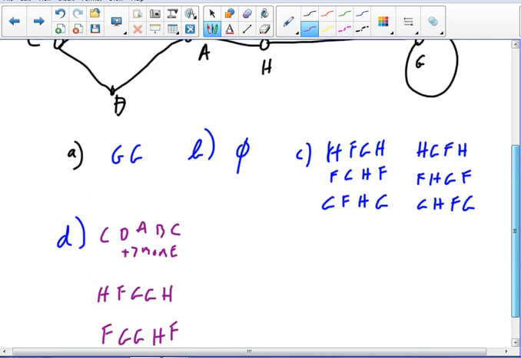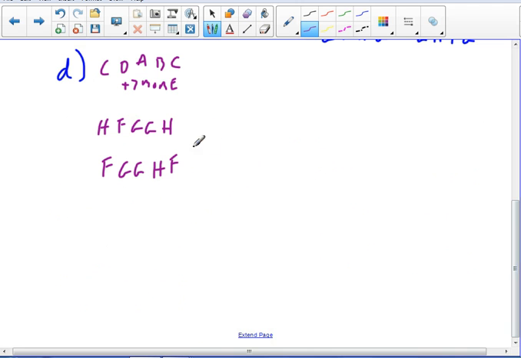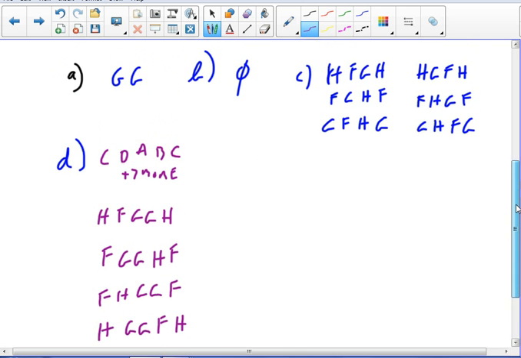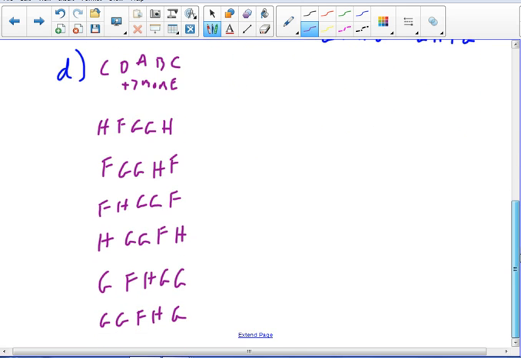Total number of circuits. That means I've got to figure out what the other ones were here. All right, so I could have F, H, G, G, F, or H, G, G, F, H, or G, G, F, H, G, or G, G, F, H, G. Did I leave anything out? No, I think that's probably enough.